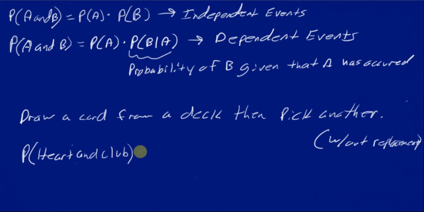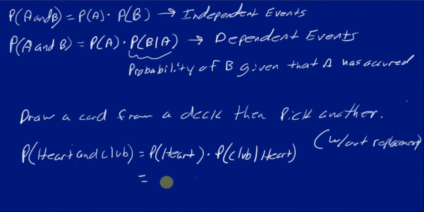So this is going to be the probability of a heart times the probability of a club given a heart has already been drawn out.